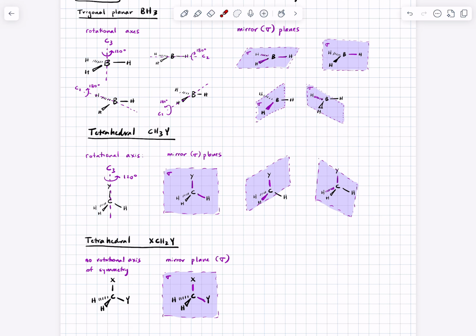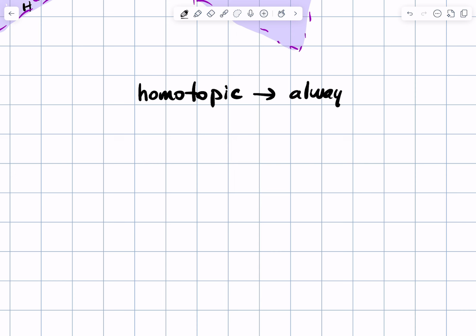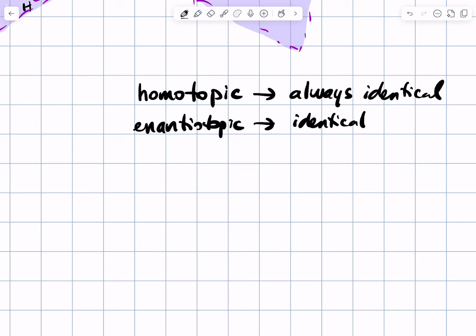You're going to see there are 4 different categories of proton relationships. Protons can be homotopic, which means they are always identical. Protons can be enantiotopic, which means they are identical if in an achiral environment.